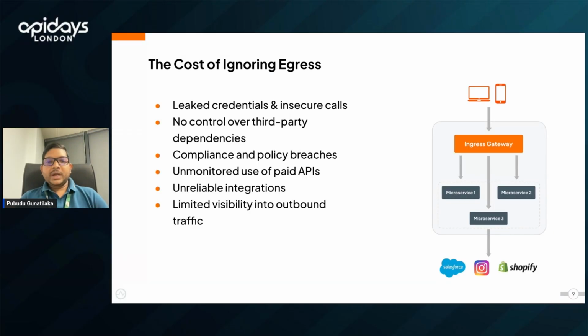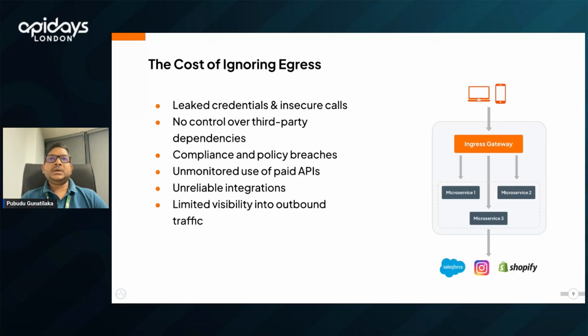If you look at the cost of ignoring egress, you have leaked credentials, and insecure calls happening because you don't monitor or consider this. There can be third party dependencies that you have to deal with and things like that. Due to these issues, you have compliance and policy breaches, and also unmonitored use of paid APIs as well.